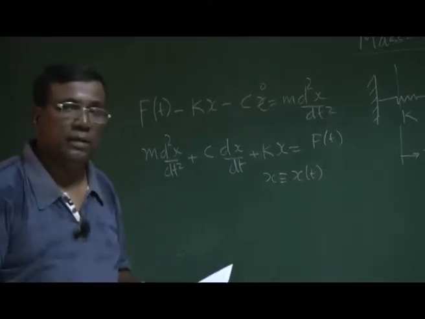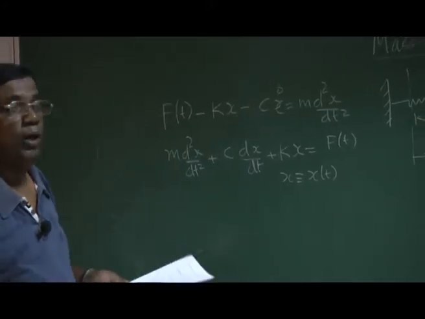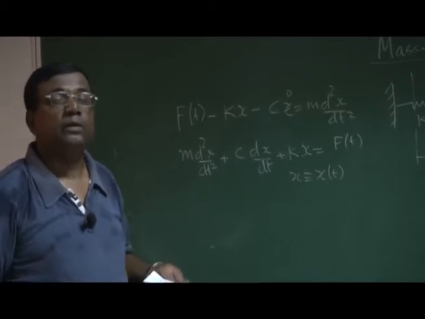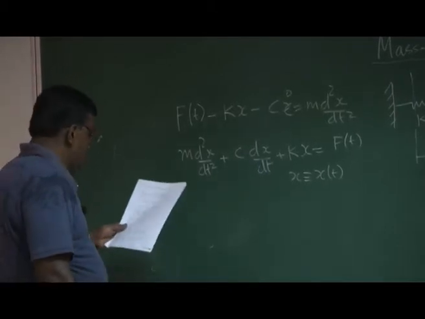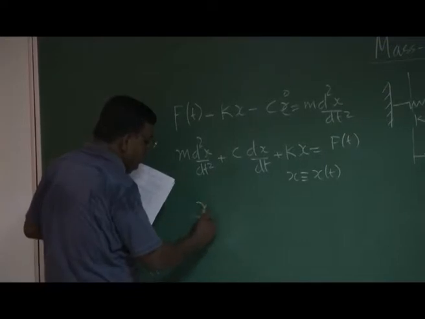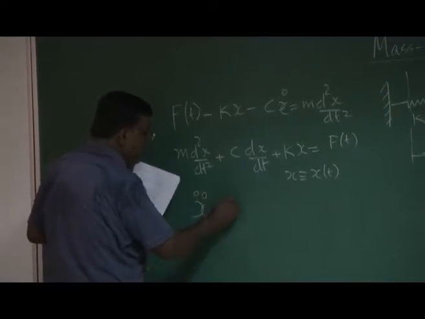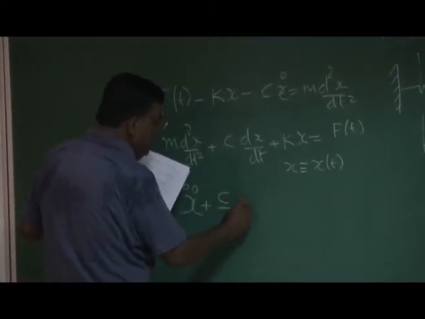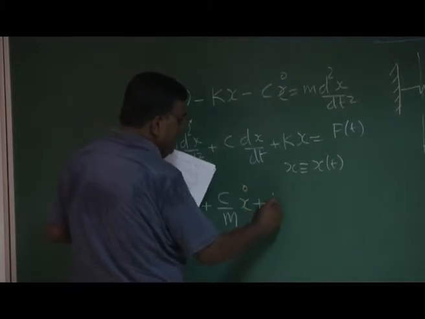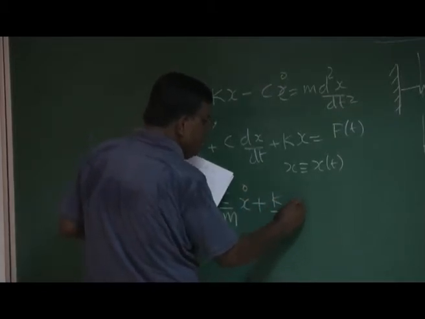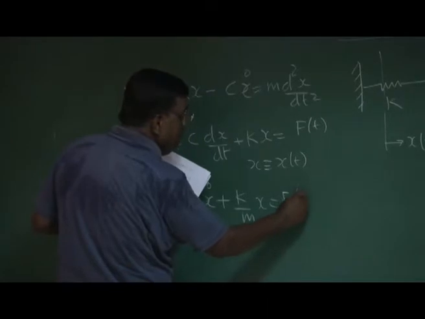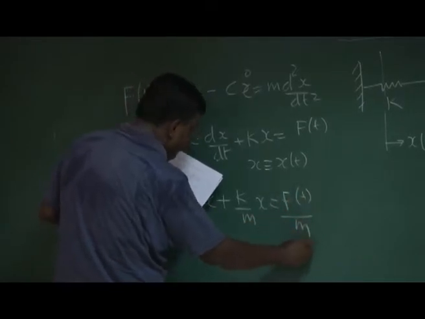These are perturbed quantities. We are trying to model their variation with respect to time. And this I can write in other notation, x double dot plus c by m x dot plus k by m x is equal to f of t by m.